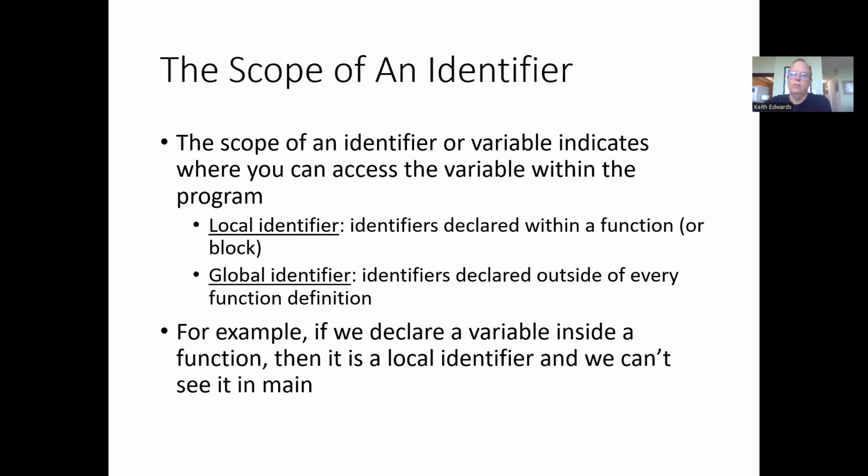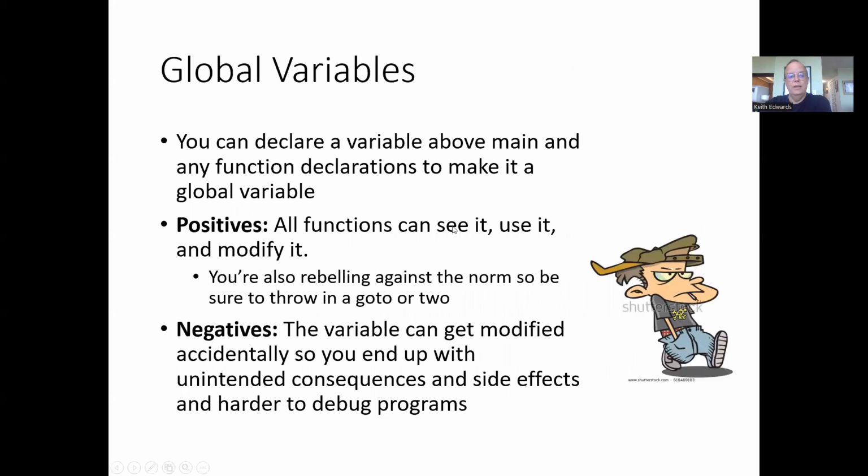If we declare, say, variable max inside a function, then it's a local identifier and we can't see max inside of main. You can get around this by declaring things outside of main, and those are global variables. If you declare them above main, then any function, including main itself, can make use of it.